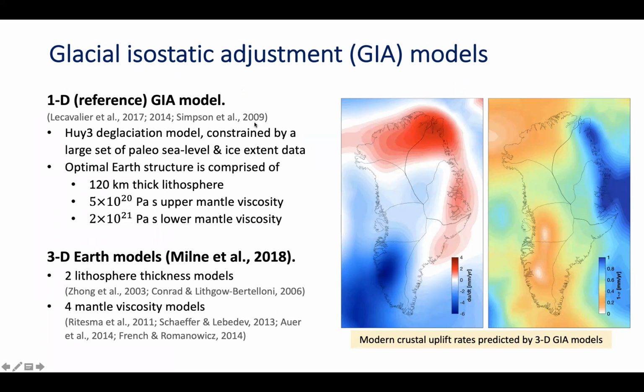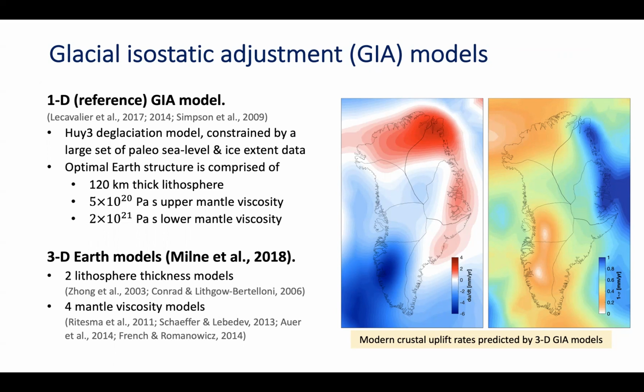But a couple of papers by Lecavalier and Simpson, what they really did was use the paleo sea level data and the ice extent data of the past to constrain both the deglacial load model, which is based on the dynamical ice sheet model of Philippe Huybrechts, and also they tried to find the optimal one-dimensional Earth structure.